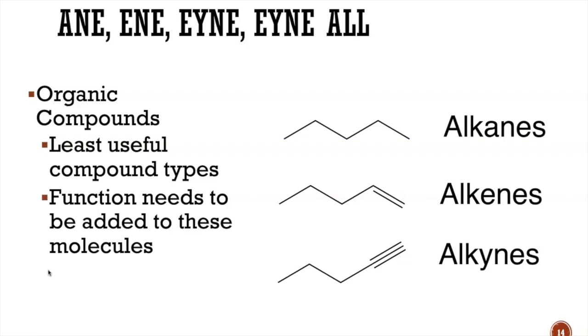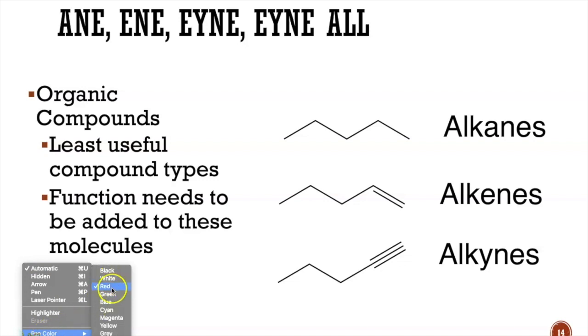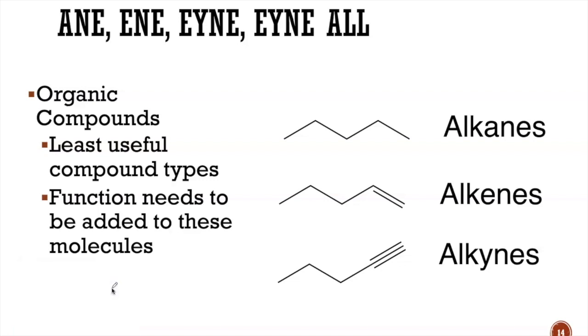Previously, we've examined the basic structures of alkanes, alkenes, and alkynes. These are typically molecules that are found in nature, and they're not what we call functionalized. They're not particularly useful to biological systems in the form of alkanes, alkenes, and alkynes.